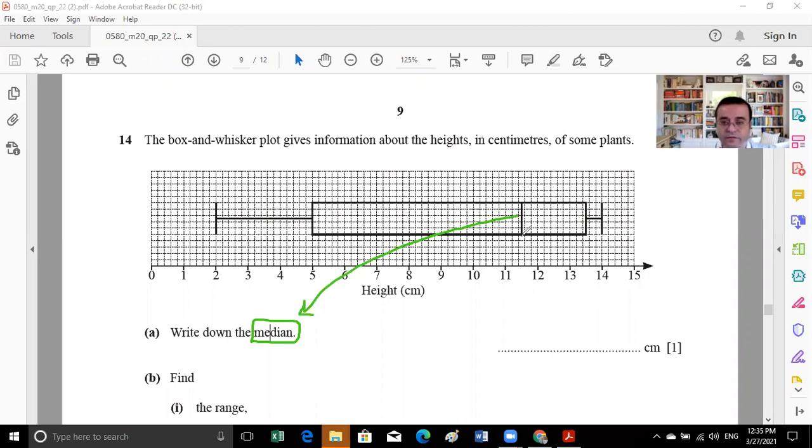So what's the value here? Looks like half of, because you see 2.5. So the median is 11.5. Please, if anyone doesn't understand, I will explain again. Okay, so 11.5.